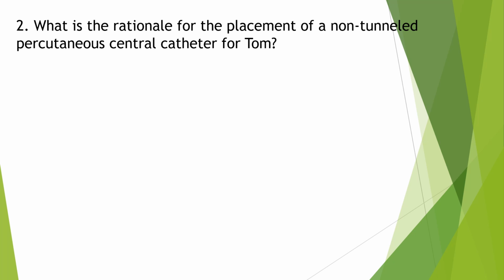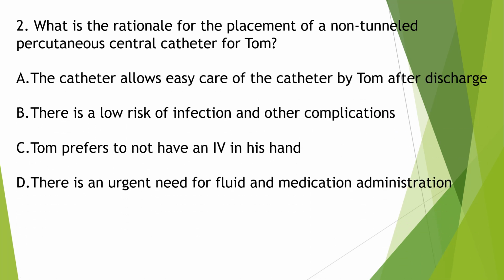PICC means peripherally inserted central catheters. So what is the reason for placing this central catheter in this patient? That is the question. The options are: the catheter allows easy care of the catheter by Tom after discharge. There is a low risk of infection and other complications. Tom prefers to not have an IV in his hand. There is an urgent need for fluid and medication administration.